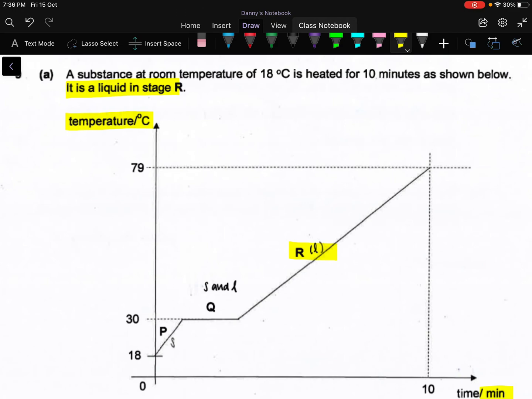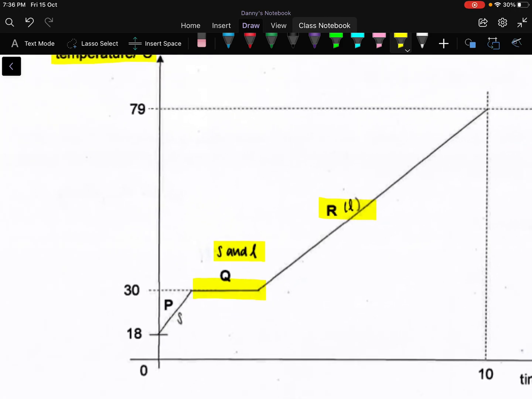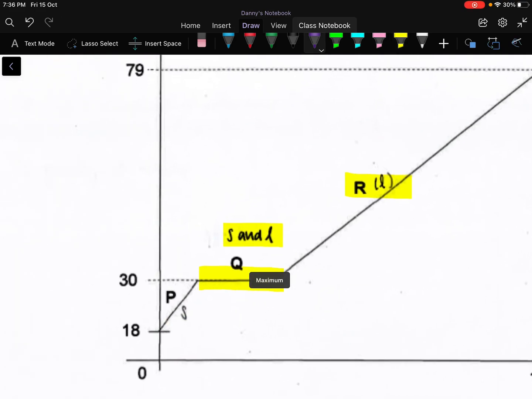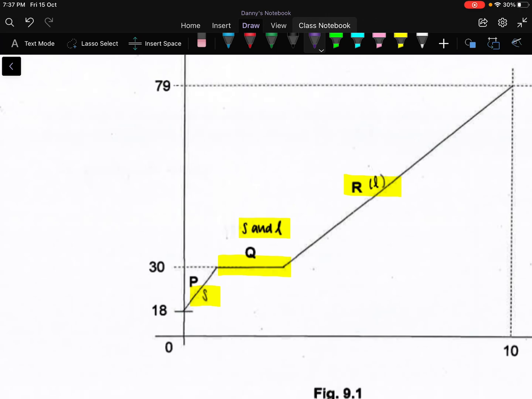So she actually worked backwards and she is able to identify that this flat line will turn the object into a mixture of both solid and liquid. In fact, she also has worked out that this means that P must be a solid. So Q represents a time whereby the solid is changing to liquid.